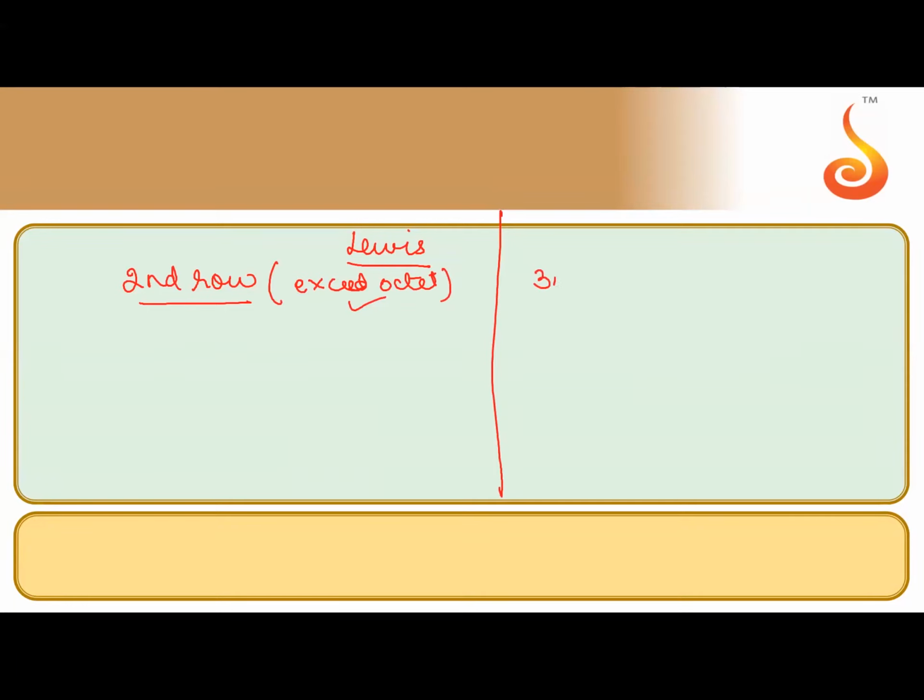If it is coming in the third row, like phosphorus, sulfur, chlorine, which are normally asked, we won't be asked any other rows. In that case, it can exceed the octet. So maybe I should put a cross here. It cannot exceed the octet here. Here it can exceed the octet. Okay, so this is the first point.